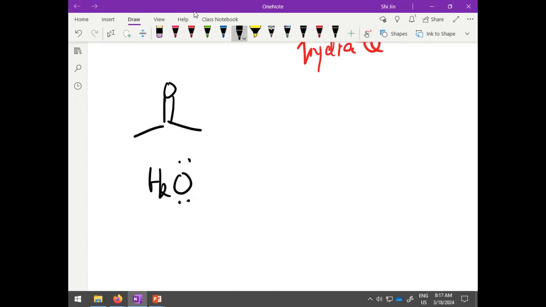Not hydroxide ion, not hydronium ion, because with neutral pH, the hydroxide ion concentration will be extremely low. So then the rate limiting step will be this one attacking here. That is the rate limiting step.